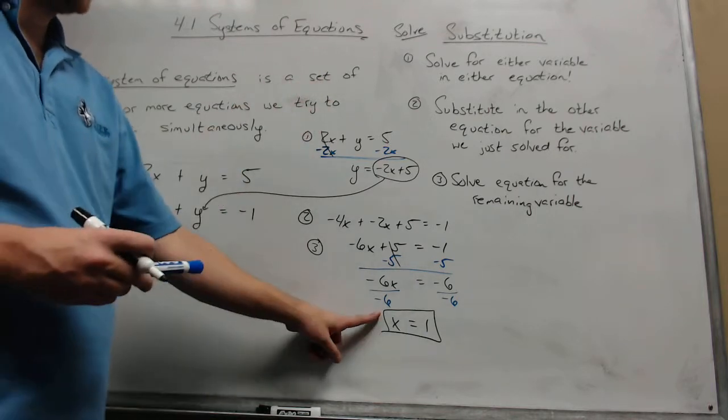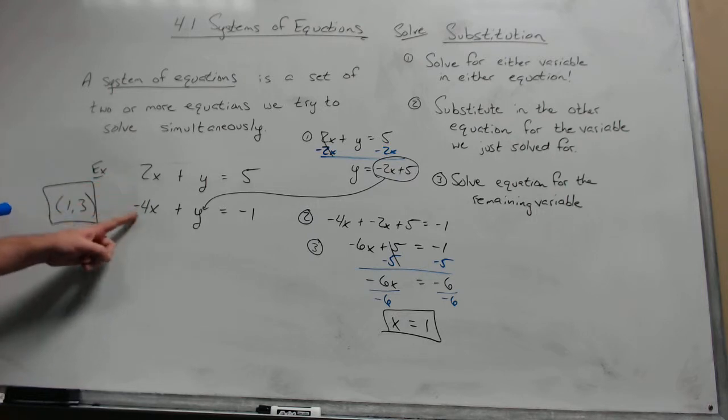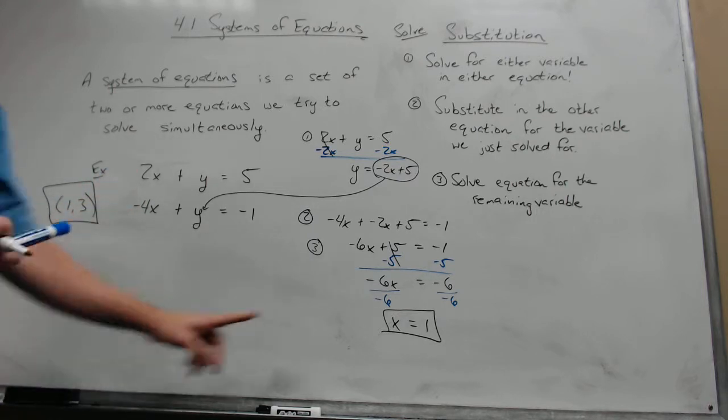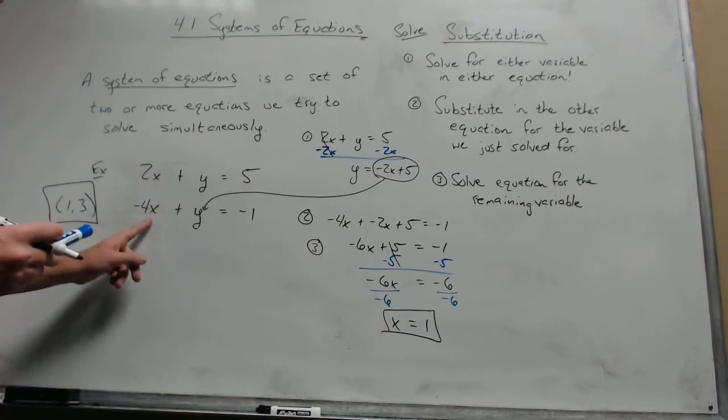Once we have one answer, we can always take this answer, go back to either one of the equations we started with, it doesn't matter which one, and we can take our x value of 1 and substitute it in for x in either one of the equations.